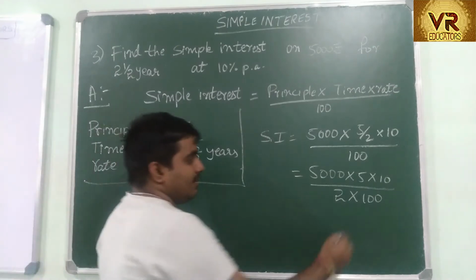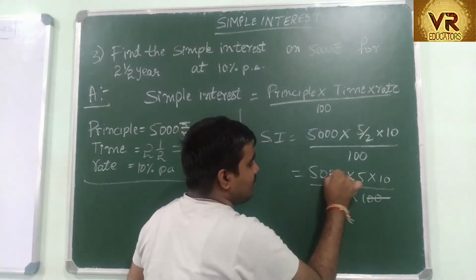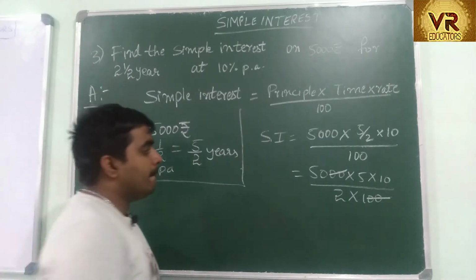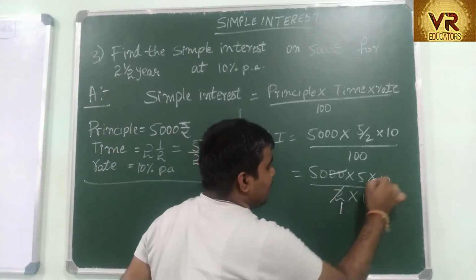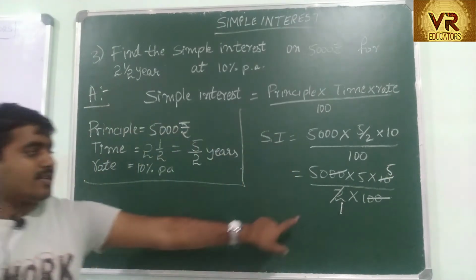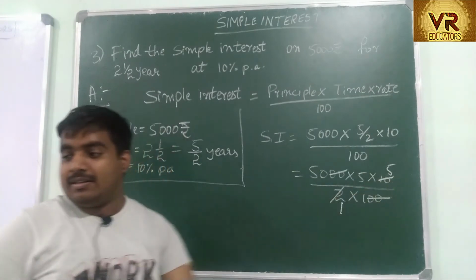So again here we can cancel 2 zeros against these 2 zeros. 2 ones are 2, 2 5s are 10.